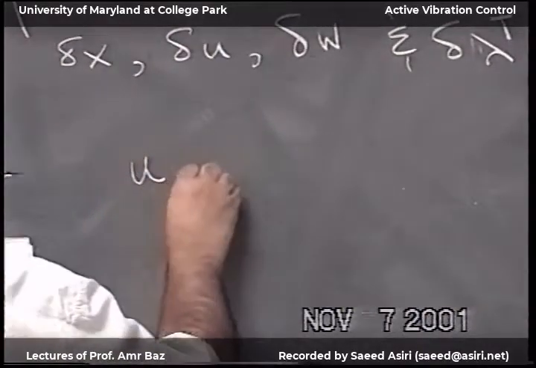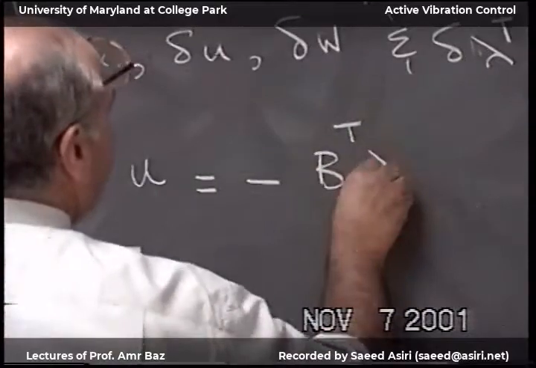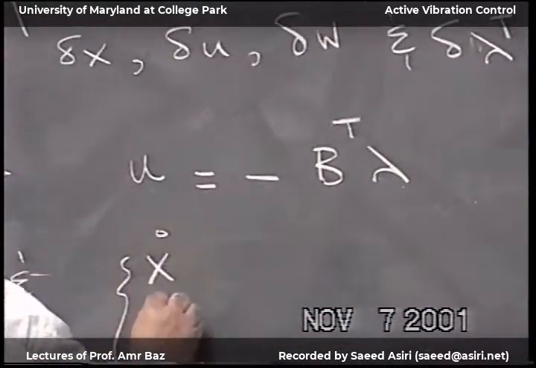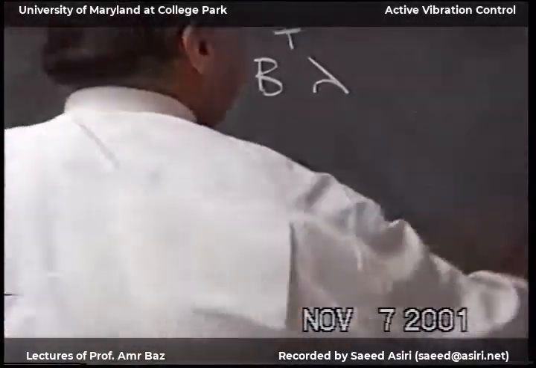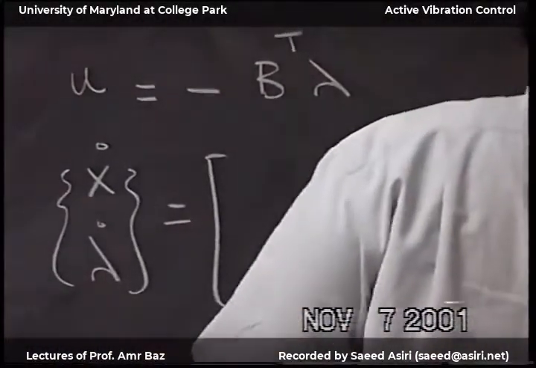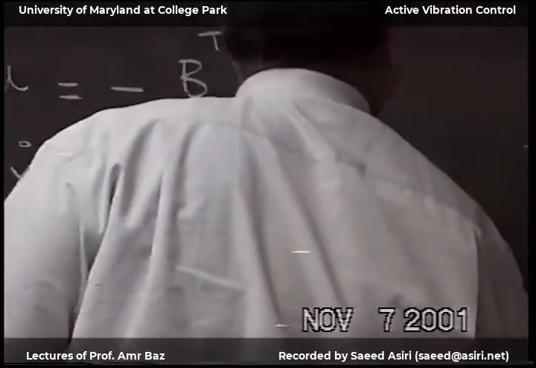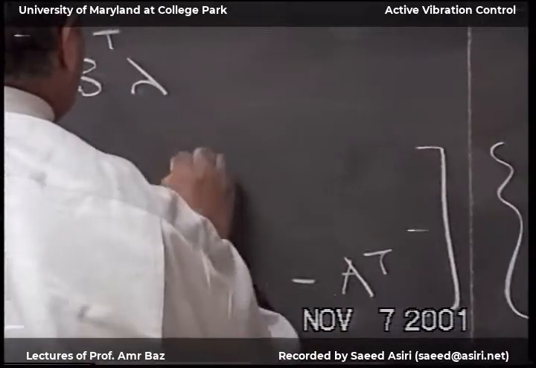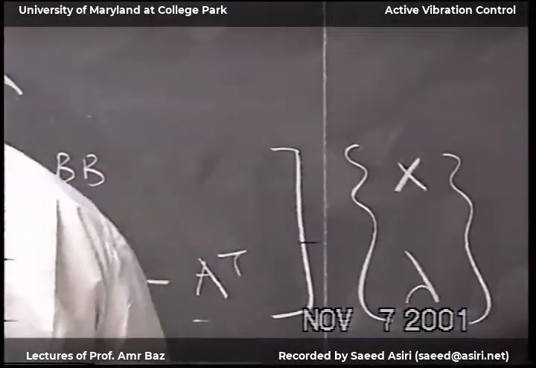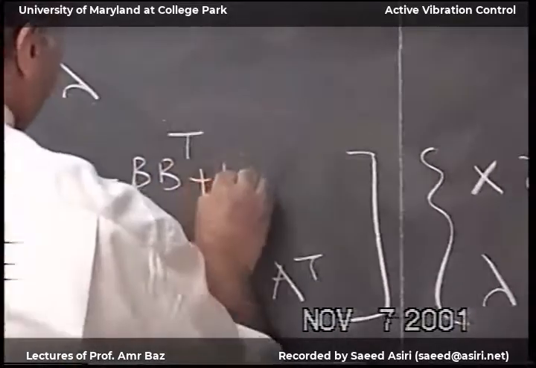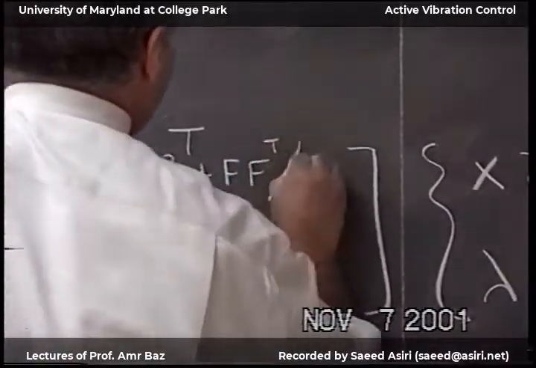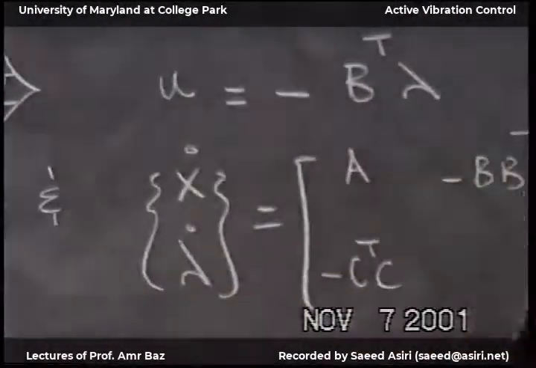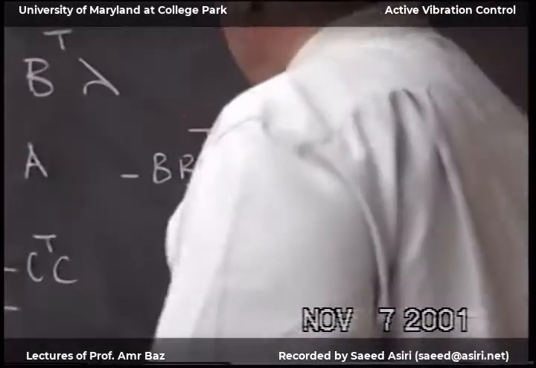U is equal to minus B transpose lambda, and X dot, lambda dot, with X and lambda, gamma squared.